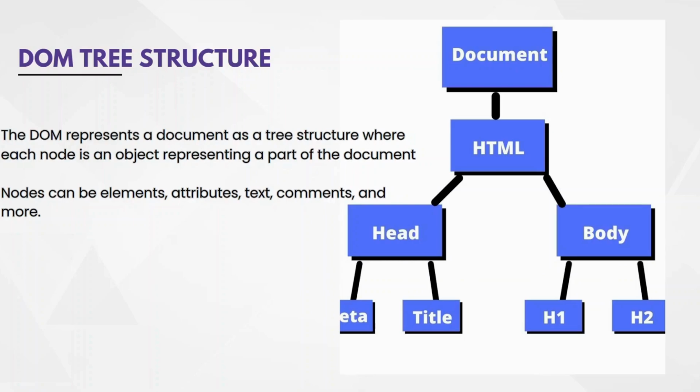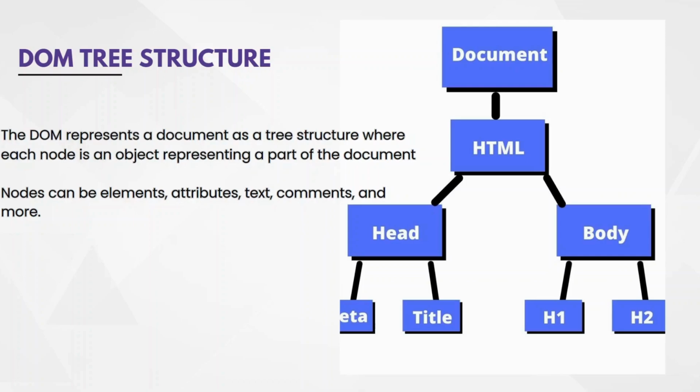First, the document object model represents a document as a tree structure where each node is an object representing a part of the document. Whichever document we have, it has some elements or content that we are going to manipulate with the help of JavaScript. Second, nodes can be elements, attributes, text, comments and more.